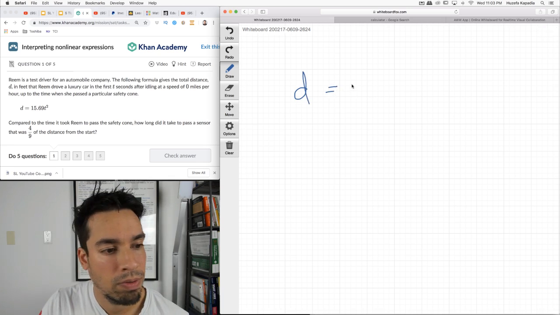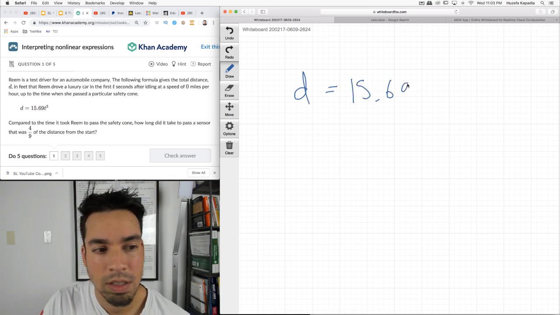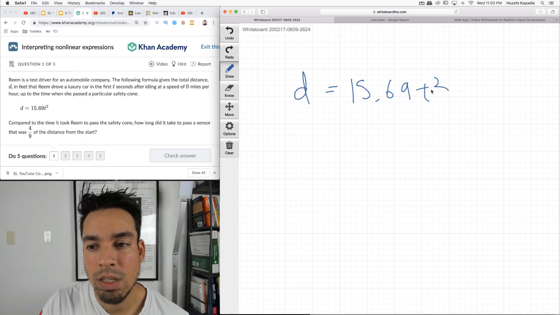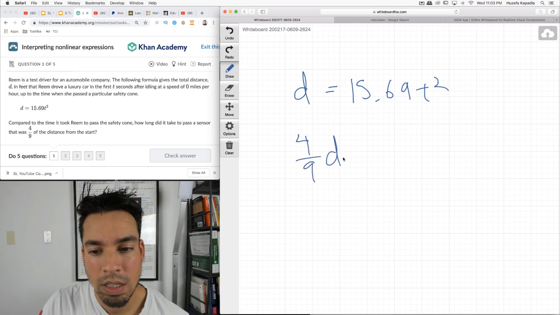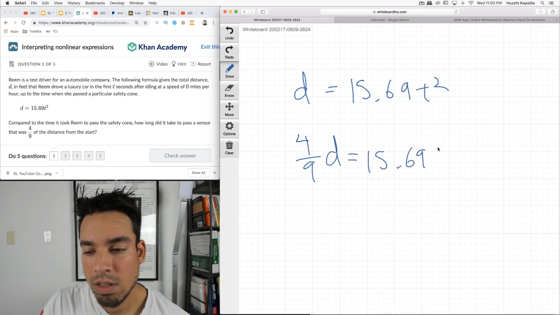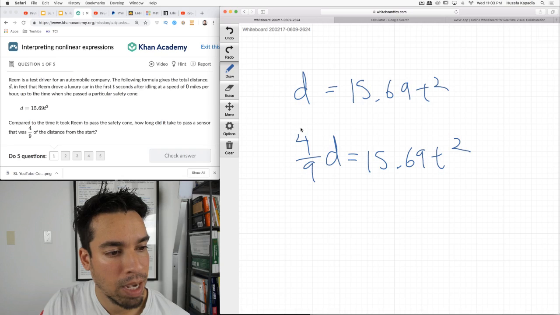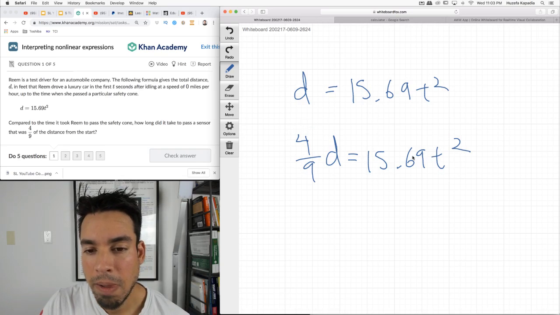We need to figure out 15.69 times t squared. We need to compare the t here to the t here. T squared. Okay. Now this is where it's passing 4/9 of the distance to the start.